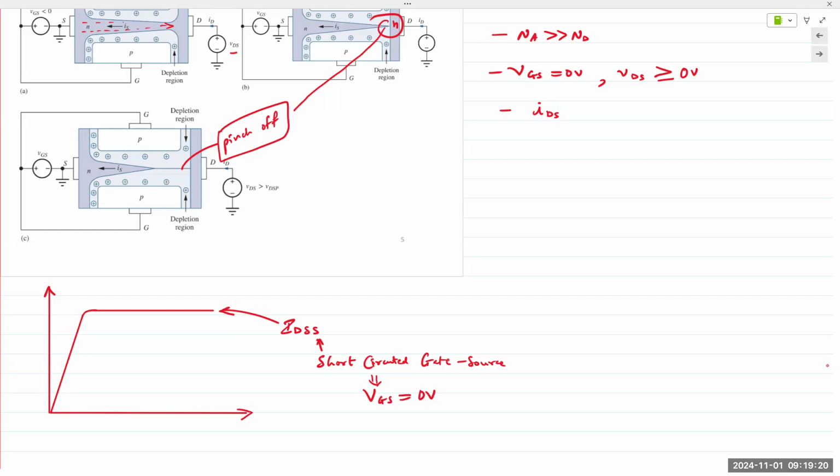So the value of IDS, the drain to source current, when VGS is equal to 0, is referred to as IDSS. That is by design. It depends on the manufacturing process. So every spec sheet that you look up for JFETs will have a value of IDSS that is specified.